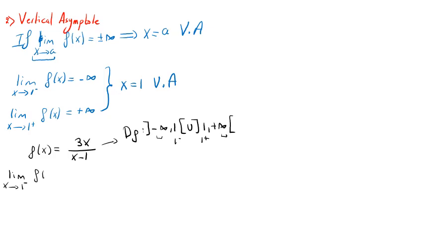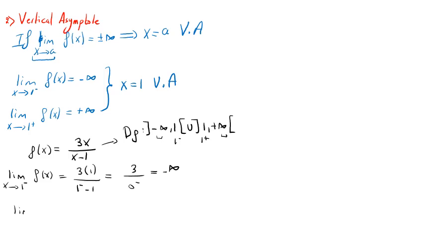Limit of f of x as x tends to 1 minus, it's equal 3 times 1 over 1 minus minus 1. 1 minus, we mean a number is less than 1, which gives 0 minus, so the answer is minus infinity.